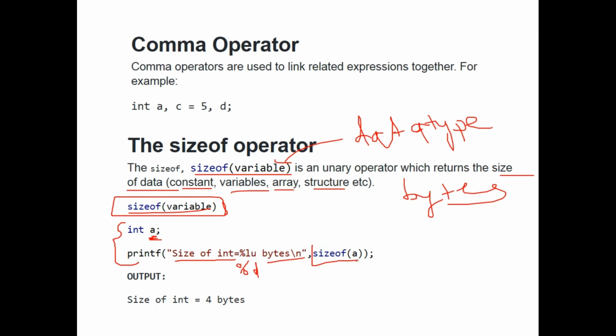We are just displaying the size of a, that is, how many bytes a requires in your machine. My machine is a 32-bit machine, or my compiler is a 32-bit compiler, so instead of giving 2 bytes, it gives me the value 4. So that is 4 bytes.